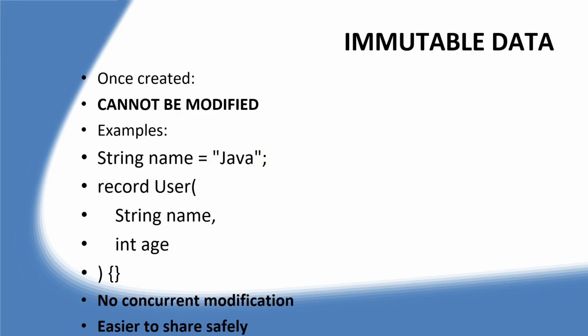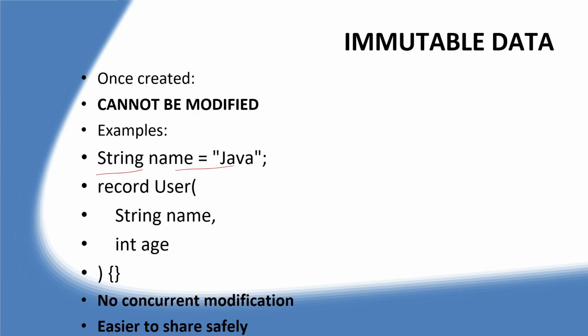Now, immutable data. Immutable objects are especially useful in concurrent programs. An immutable object cannot have its state changed after creation. We know String is immutable, we cannot change it. If multiple threads only read immutable data, they cannot modify that object's state, correct?